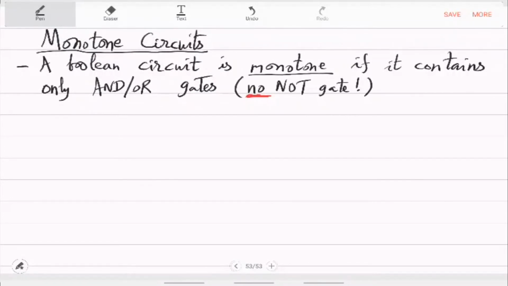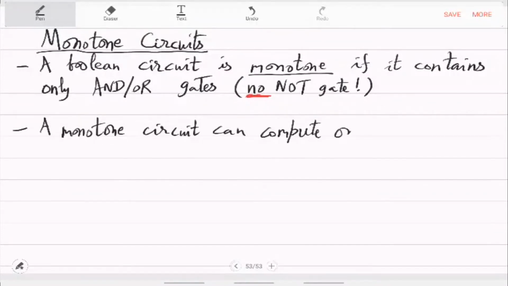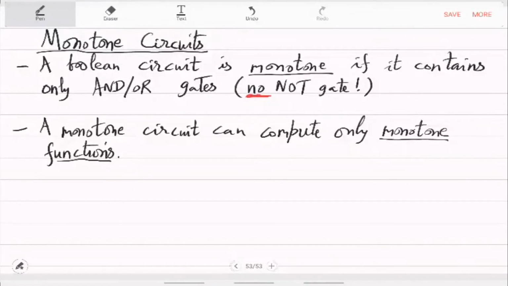And what can they compute? So a monotone circuit can compute only monotone functions. So monotone function, as the name suggests, it means that if you increase the input, then the output can only increase.